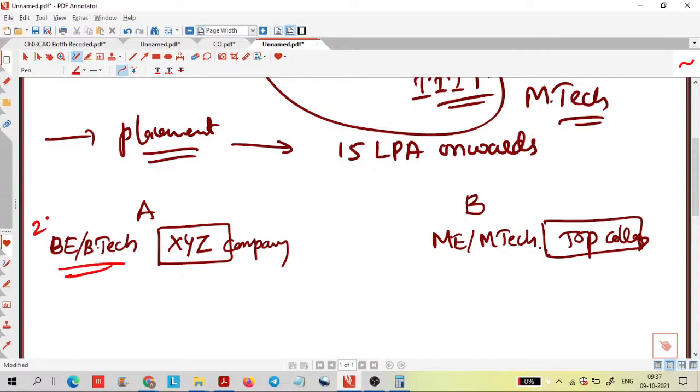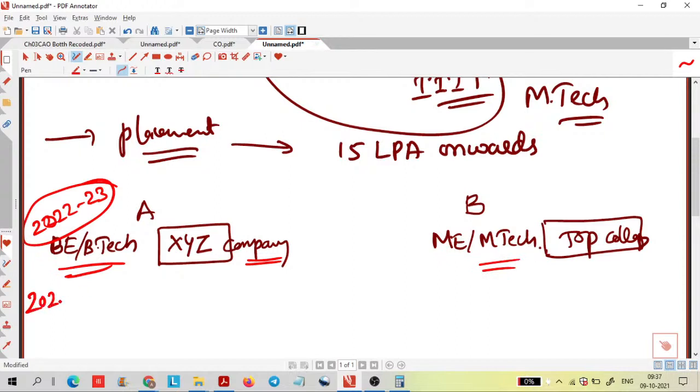Your pass out is 22 23, your BTech will complete in the 22 23 batch. A is joining a company, B is joining MTech.